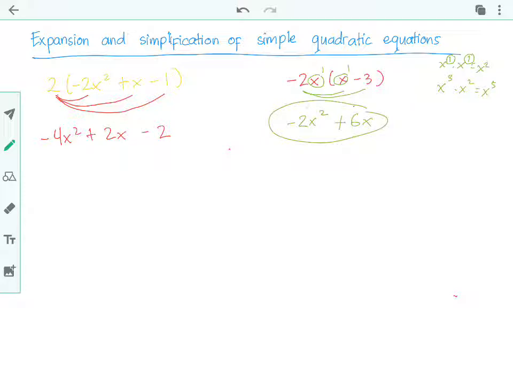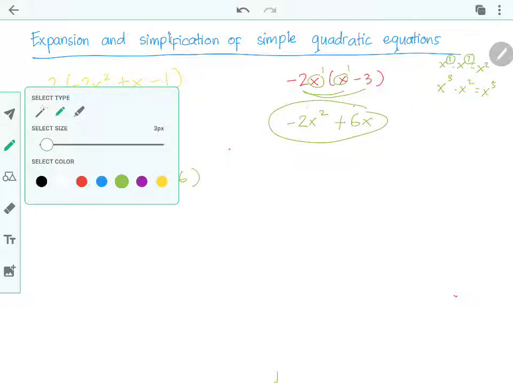In the expansion, sometimes we can have more than one term. For example, I'm going to take the example here from the class discussion at page 084. Let's say I have x plus 3 multiplied by x plus 6.